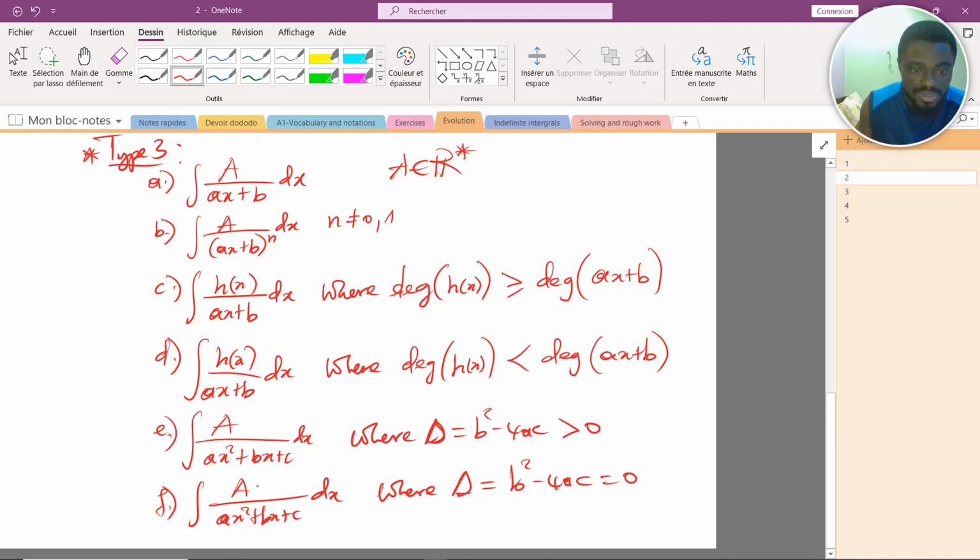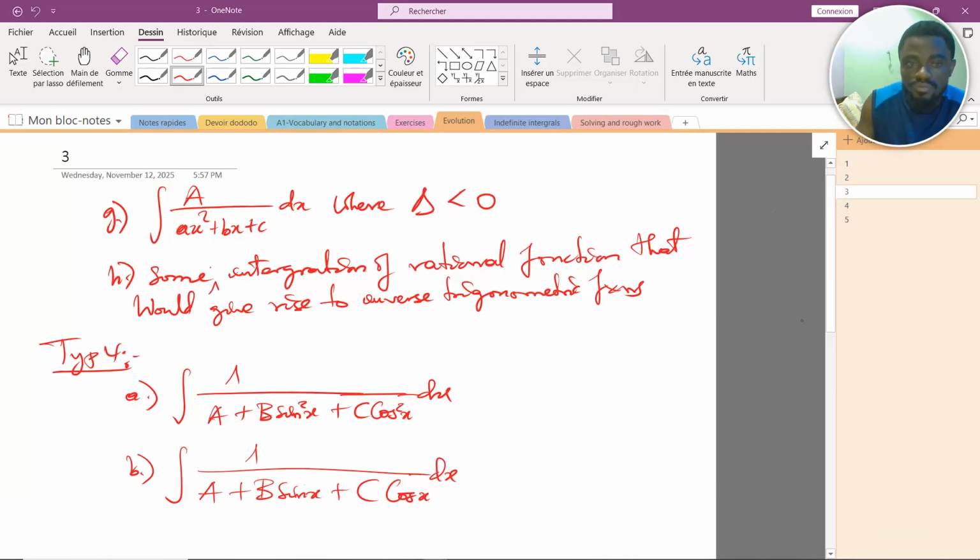We're going to see also the type A over ax squared plus bx plus c, where the discriminant is equal to 0. Still under this type 3, we're going to see the type A over ax squared plus bx plus c dx, where the discriminant is less than 0.